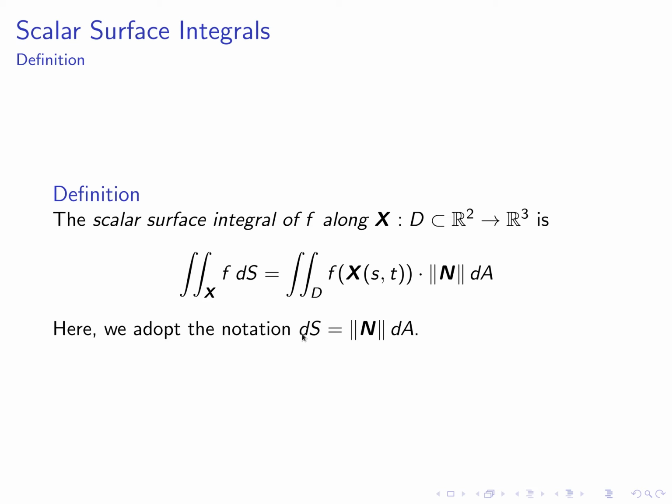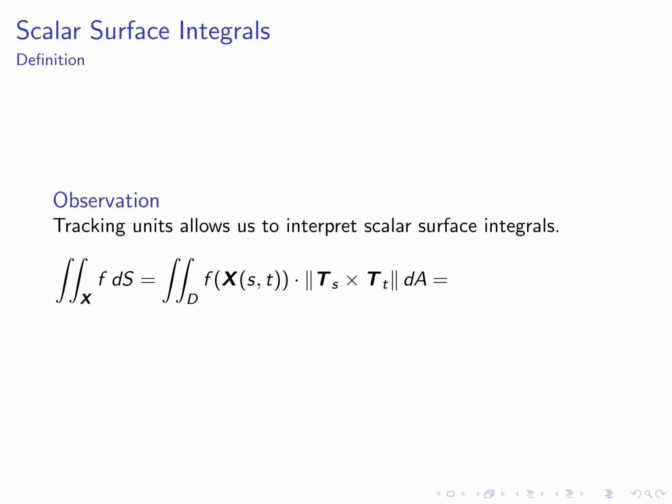When we write dS, this is meant to stand in place for the length of the standard normal vector, dA. So here, dS is appearing in the notation on the left, and then on the right, we're looking at the length of the standard normal vector, dA.